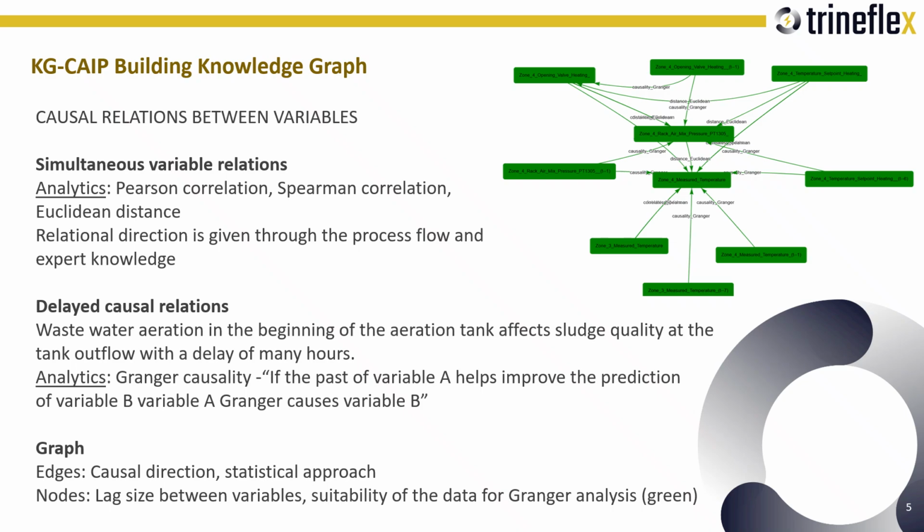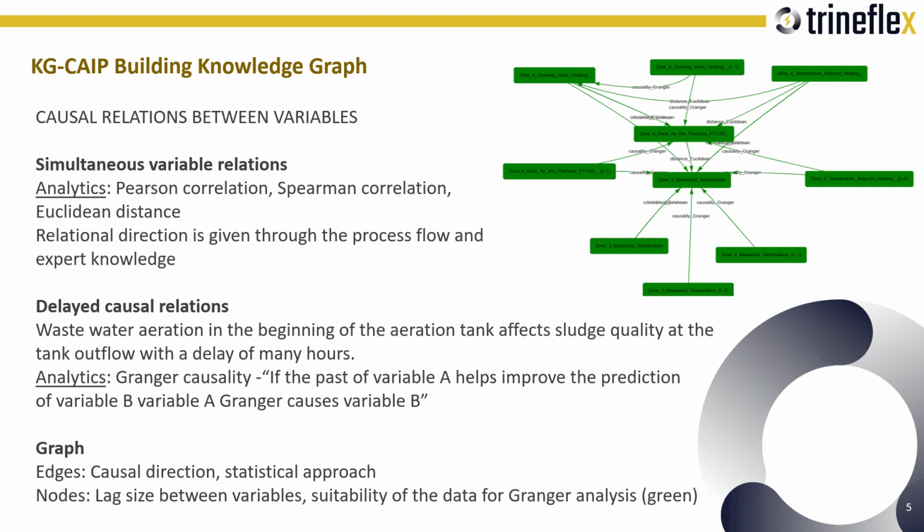We apply Granger causality, which essentially asks if the past of a variable A helps improve the prediction of a variable B, A Granger causes variable B. What we get as an output here are causal directions between variables, and we get a lag size that informs us how quickly a variable reacts to changes in another variable.